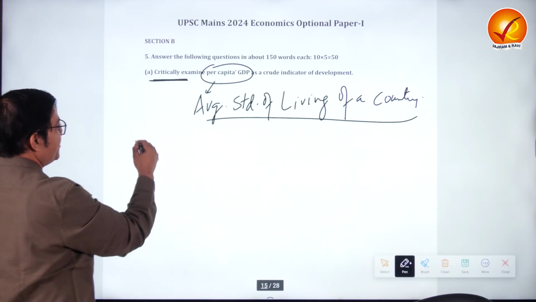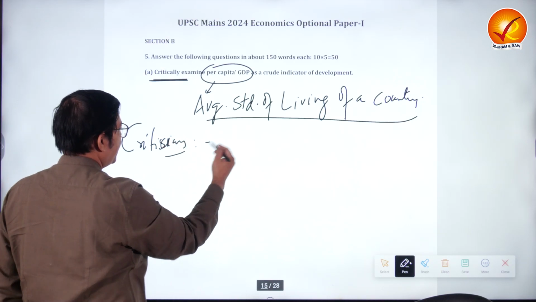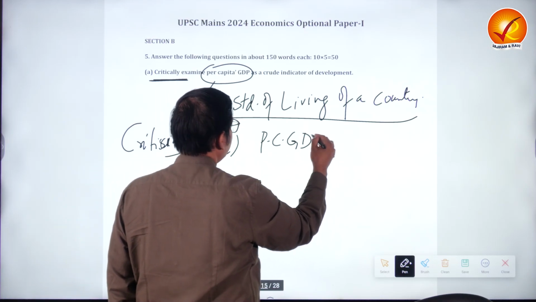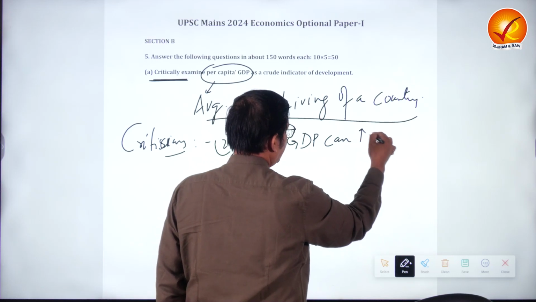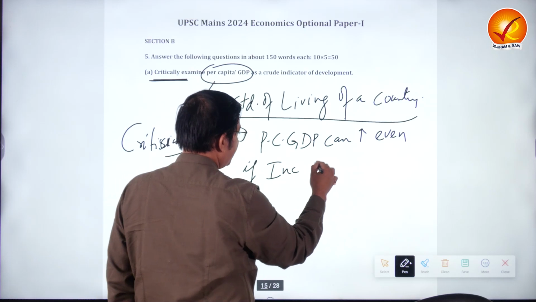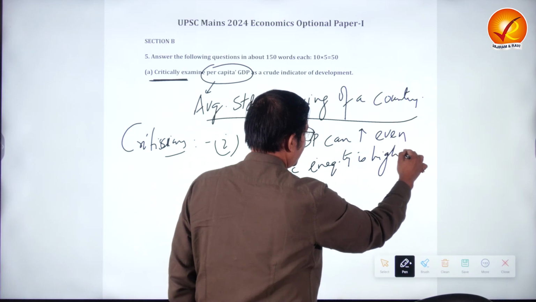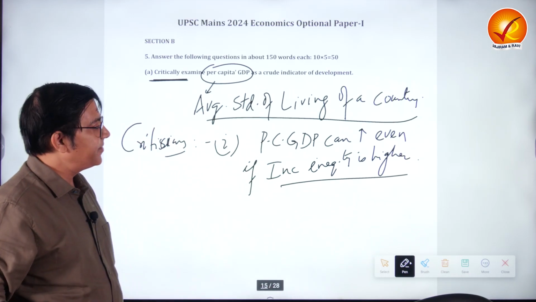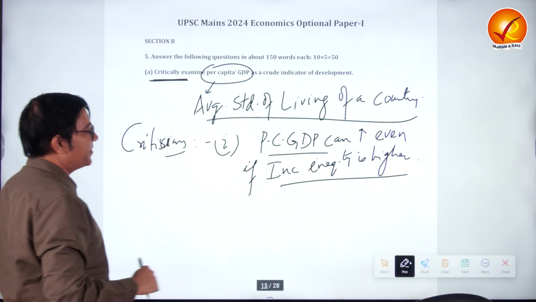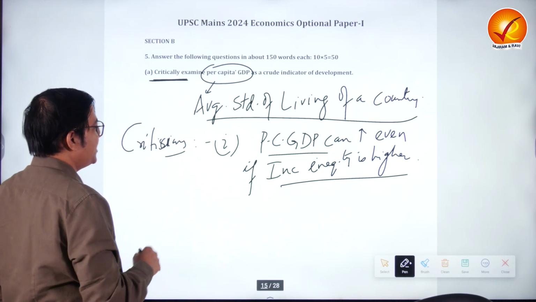What kind of criticism can you give? Some of them I am writing down. The per capita GDP can increase even if income inequality is higher. In fact, most of the countries which have faced higher income inequality have also faced the phenomenon of higher per capita GDP. Sometimes even poverty can be higher while per capita GDP is going up.